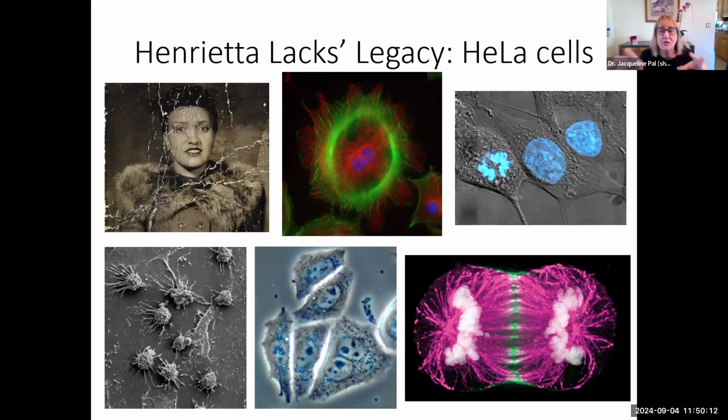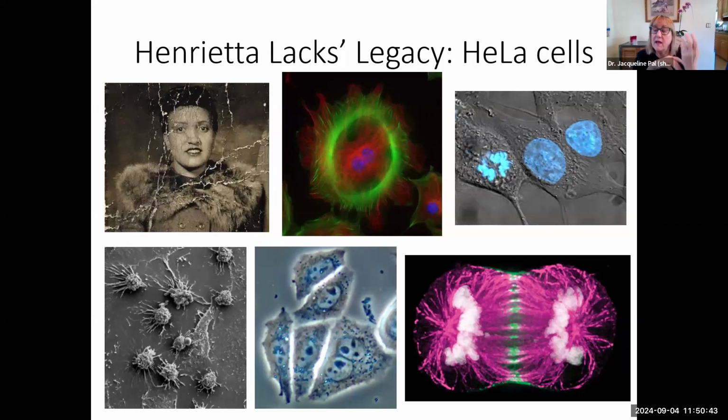So this is a $216 billion industry, her cell line. And her family, her descendants only found out this story in the 1970s. As I said, there was no informed consent back then. And so there was a very famous book called The Immortal Life of Henrietta Lacks, which was made in 2010.